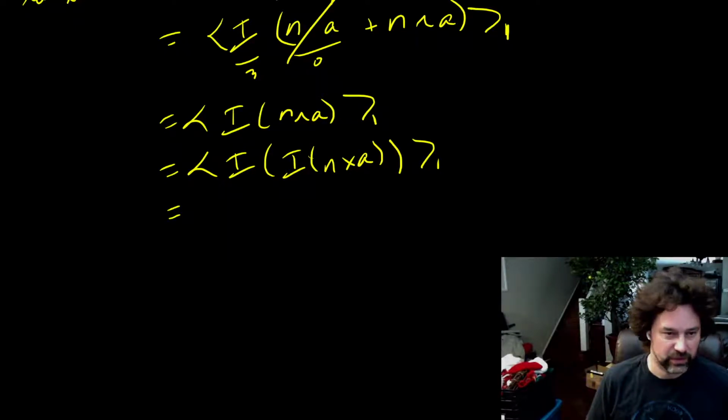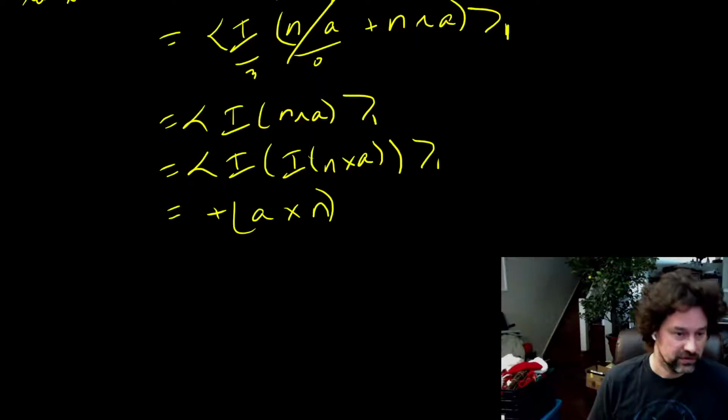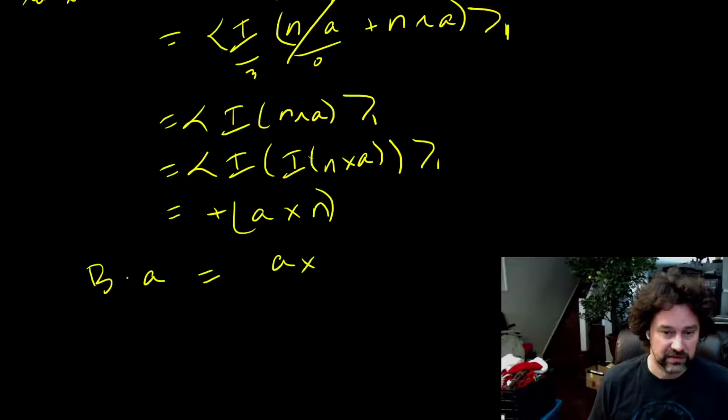And now we have I squared, which is minus 1, times n cross a, which is a vector, so we select the vector, which is just plus a cross n. So we have b dot a equals a cross n.